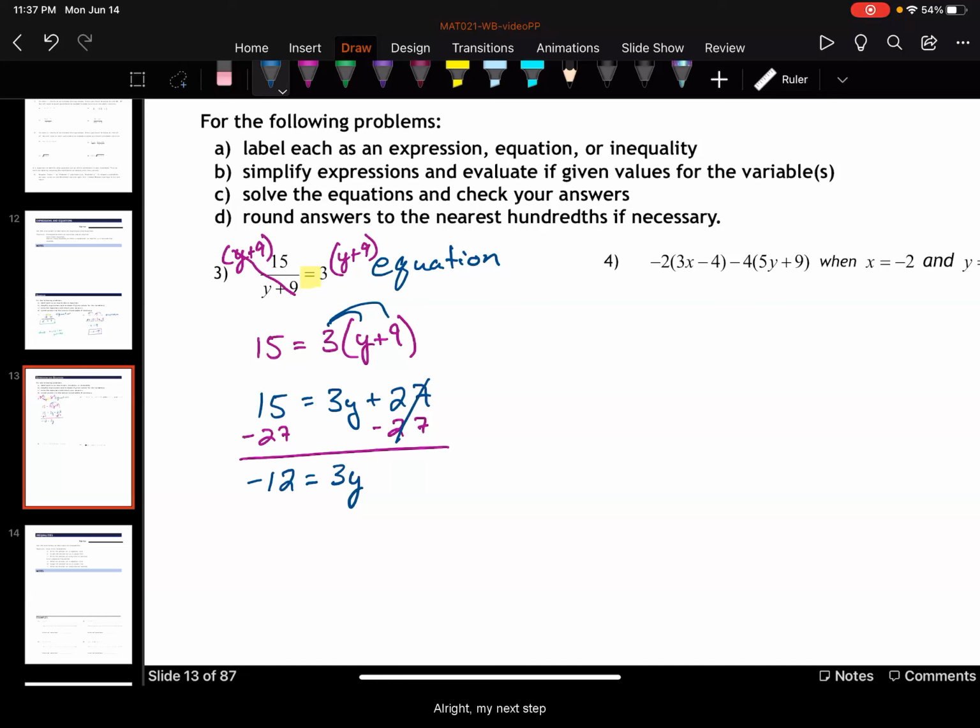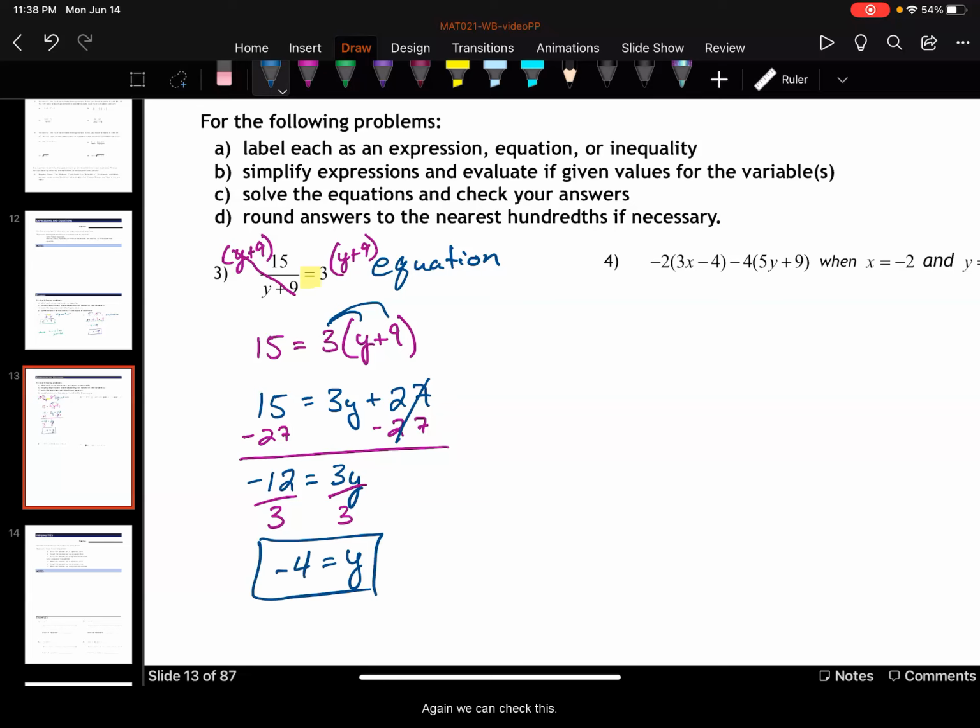All right, my next step will be to divide by 3 on both sides. So divide both sides by 3 to get that y by itself. So negative 12 divided by 3 will be a negative 4. So y will equal negative 4.